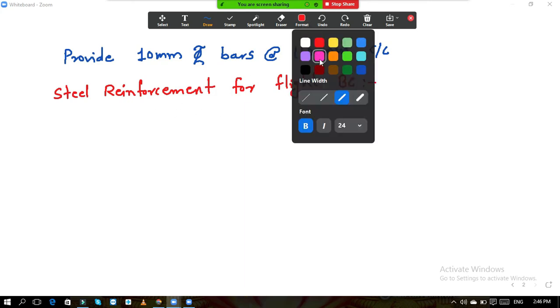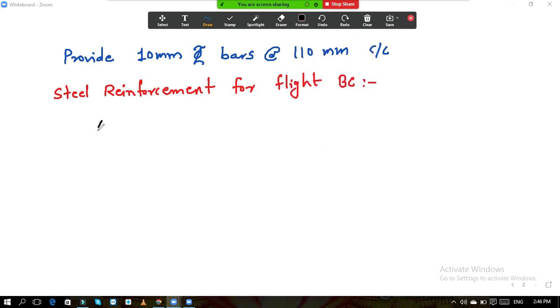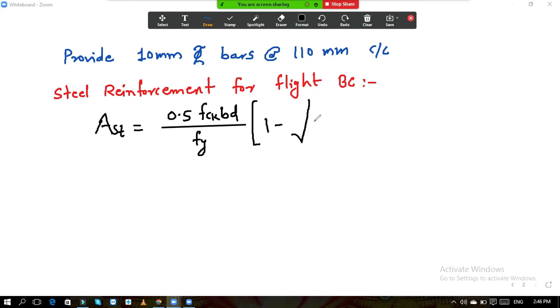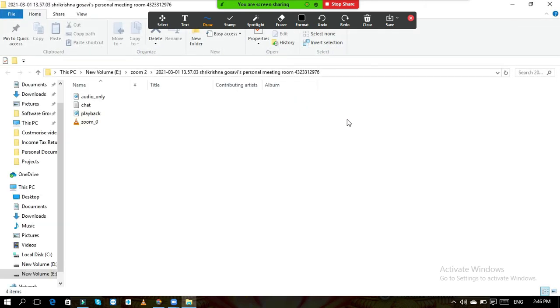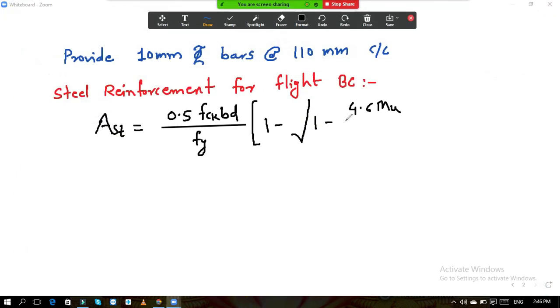Again, AST is equal to, what is the formula? 0.5 fck bd whole divided by fy, in bracket 1 minus under root 1 minus 4.6 Mu upon fck bd square.